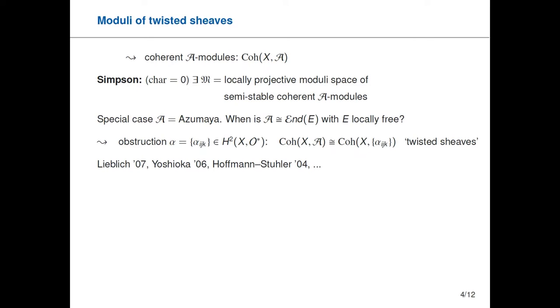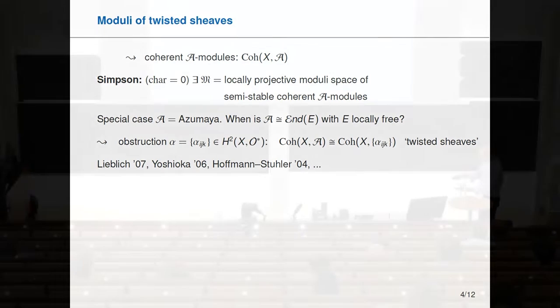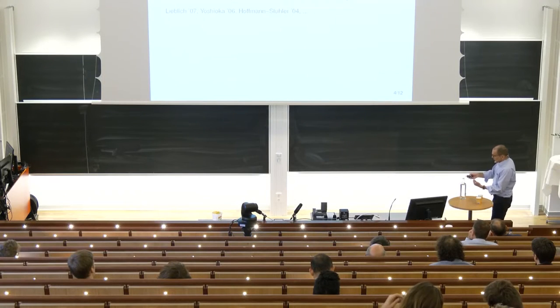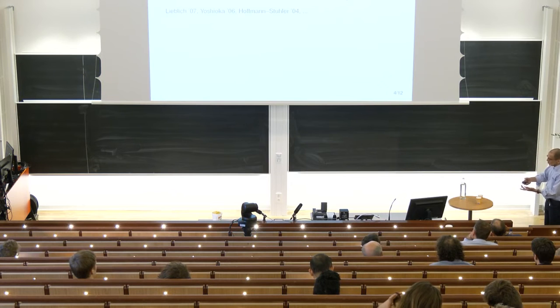But even if the obstruction is not trivial, you can still use this information to think of this abelian category of A modules as twisted sheaves. These sheaves look locally like ordinary sheaves or bundles, but when you glue them, it's not the usual gluing condition, but it's twisted by this cocycle.